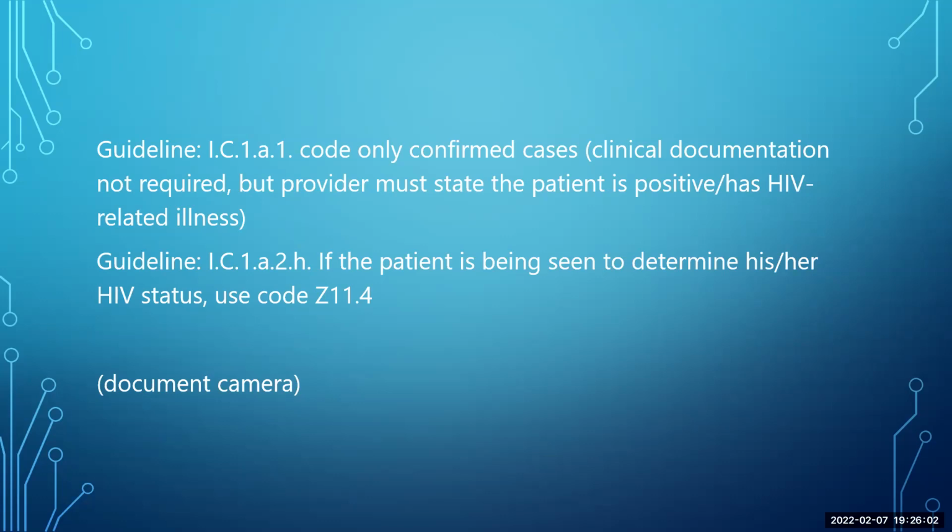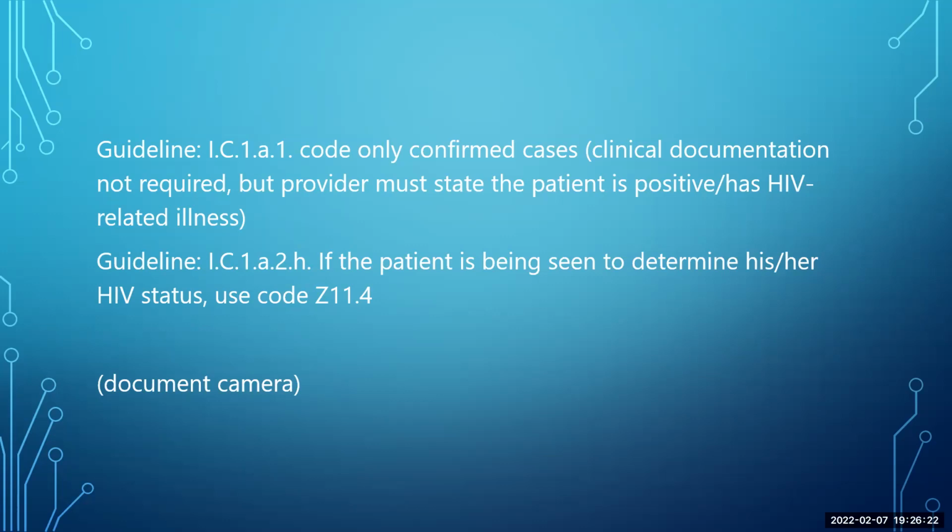They have to have some statement in their chart, their progress note, what have you, by the clinician that states the patient is positive or has an HIV-related illness, has a condition that is only a result of having HIV.